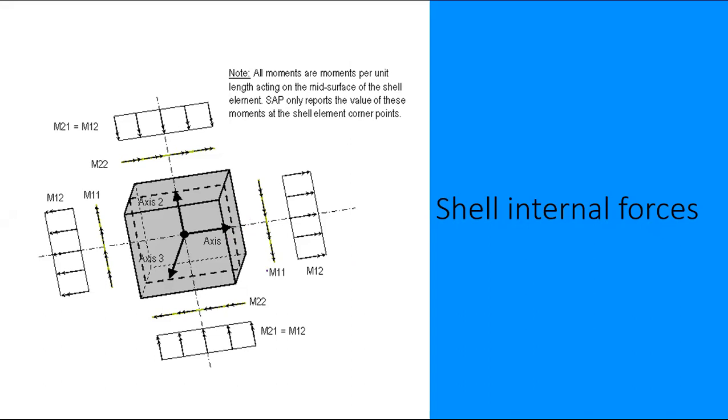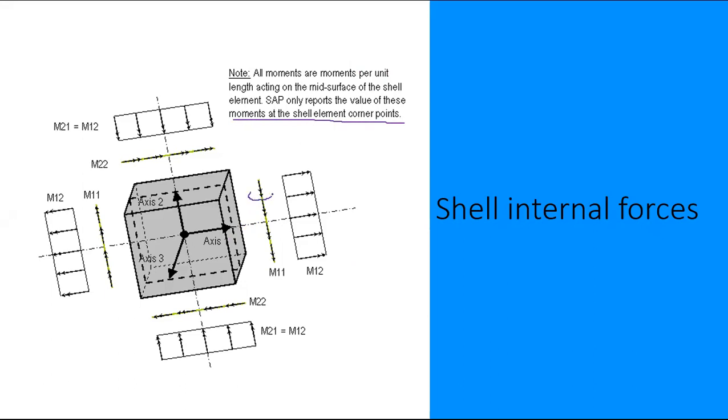Here it's a little bit tricky, and these moments are all per unit length also, acting still at the mid surface. And this is valid as well, moments at the element corner points. M11 is not like the beam bending.